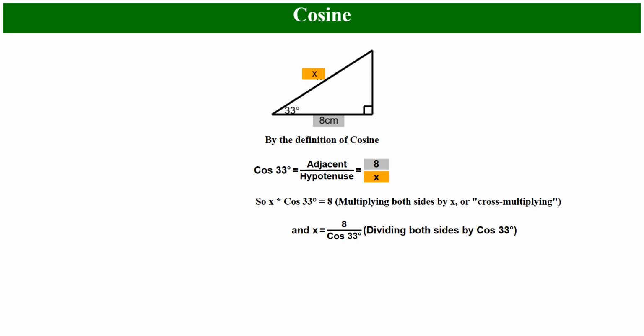Doing that, we get x is equal to 8 over cos 33, and looking up cos of 33 degrees on a calculator, we get this, and doing that division again on the calculator, we end up with x is 9.539 centimeters, again correct to four significant figures.